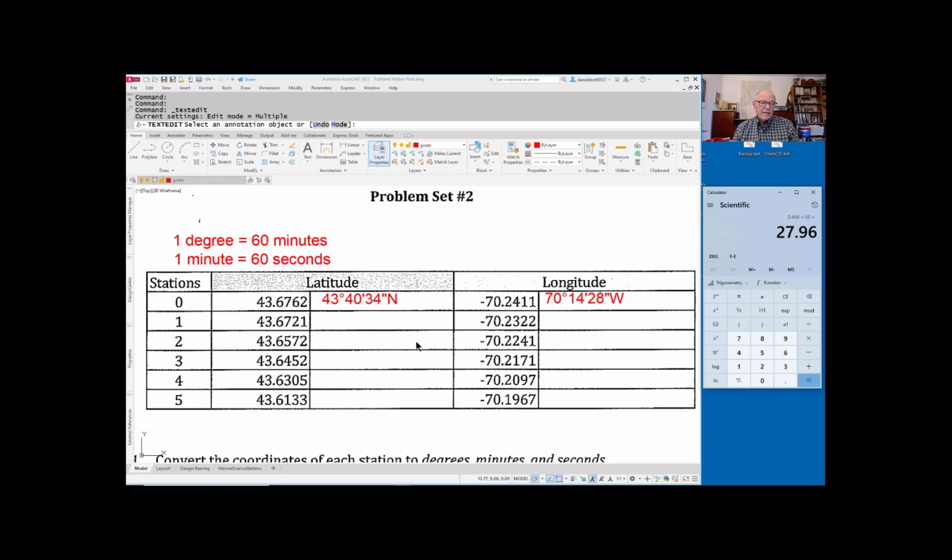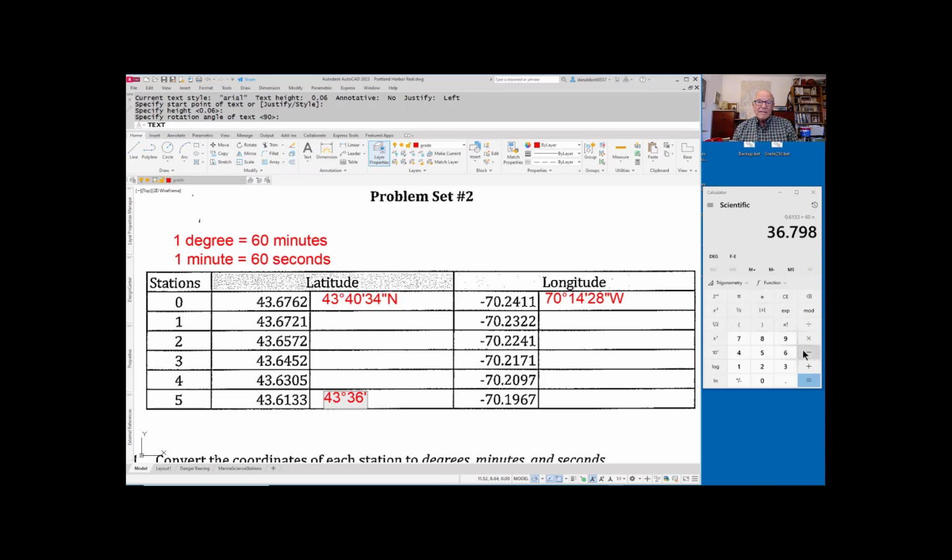I'm going to do one more now, starting from scratch. We come down here at 6133. Clear this, 0.6133 times 60 minutes per degree, going to be something more than 30. 36, so we're going to write that in as 43 degrees, 36 minutes, and now we have a fraction of a minute, which is about 3/4, which would be about 45 seconds.